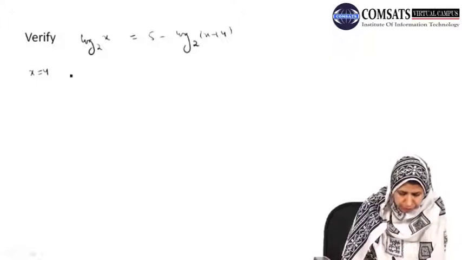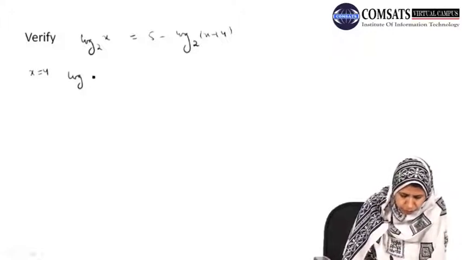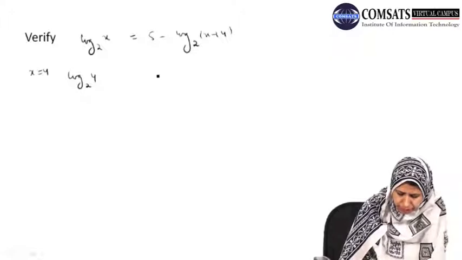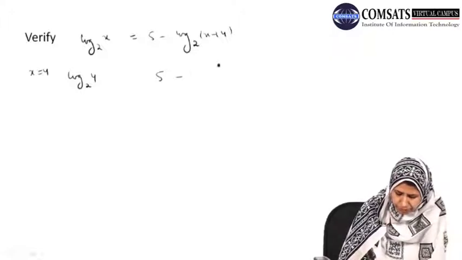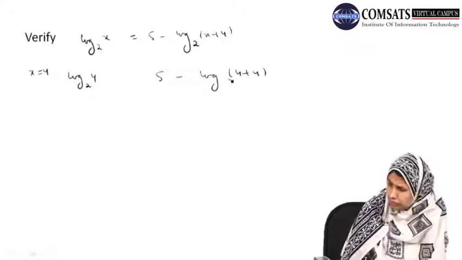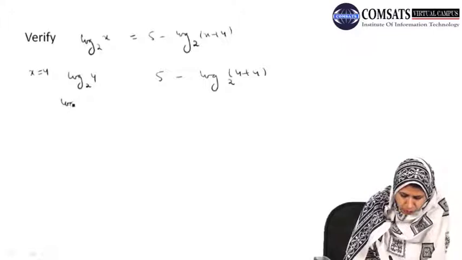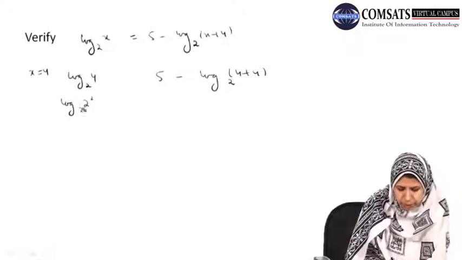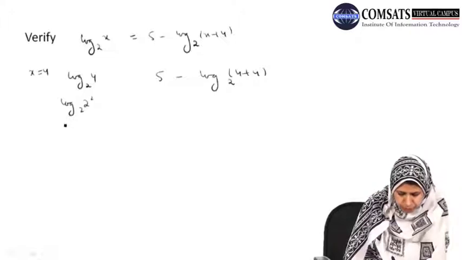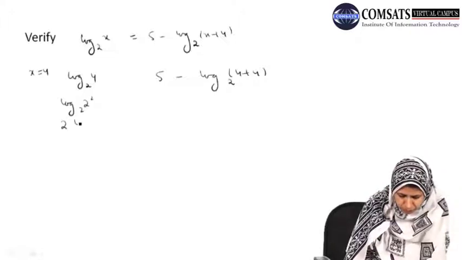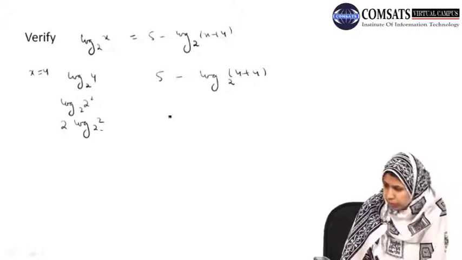So we obtain the left hand side is log of 4 to the base 2, and the right hand side is 5 minus log of 4 plus 4 to the base 2. Left hand side we can write as log of 2 squared to the base 2, and by using the property of exponents it will be equal to 2 times log of 2 to the base 2.